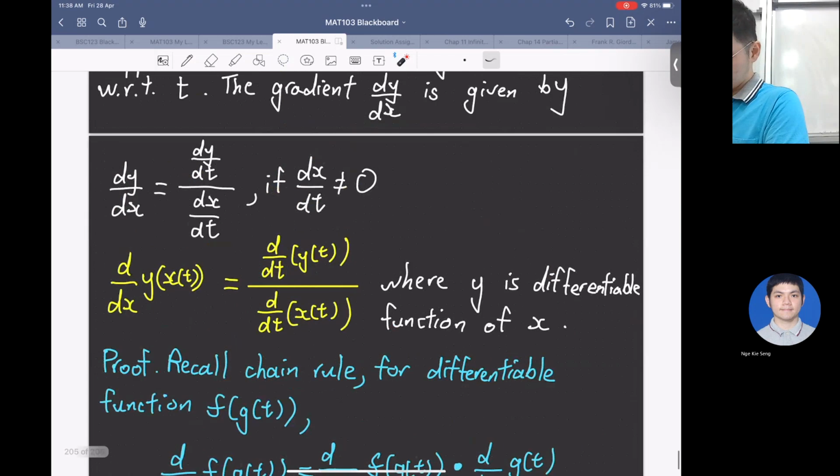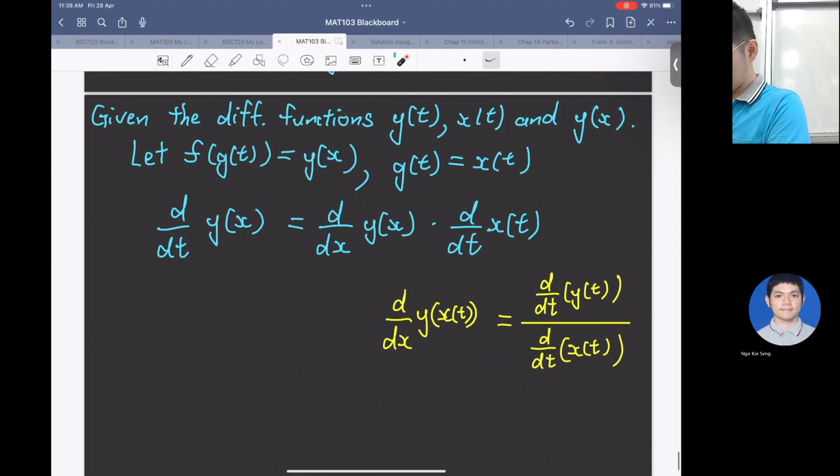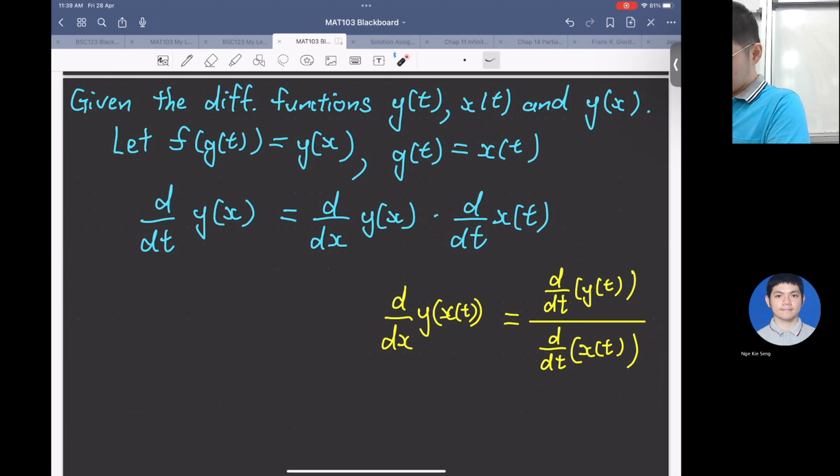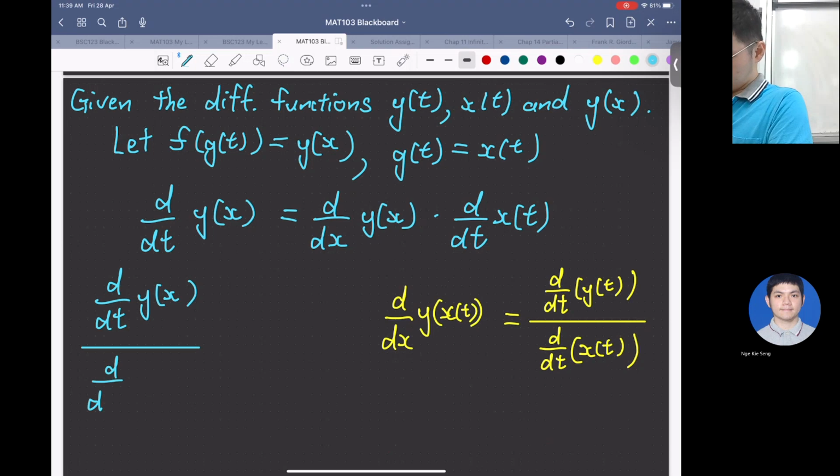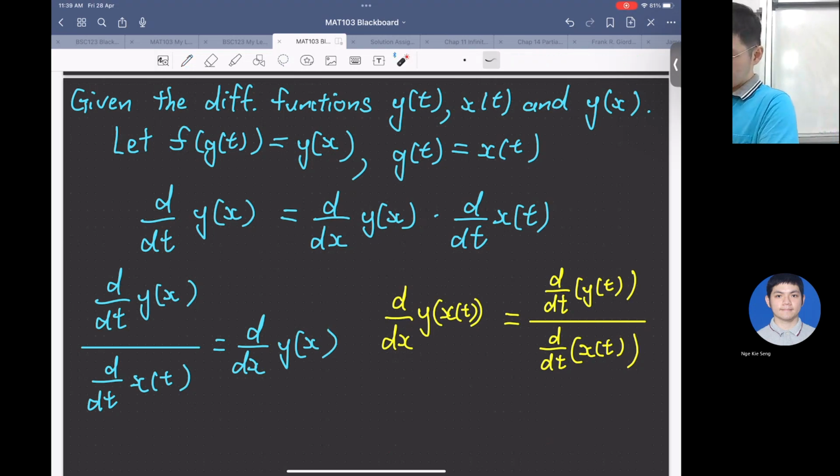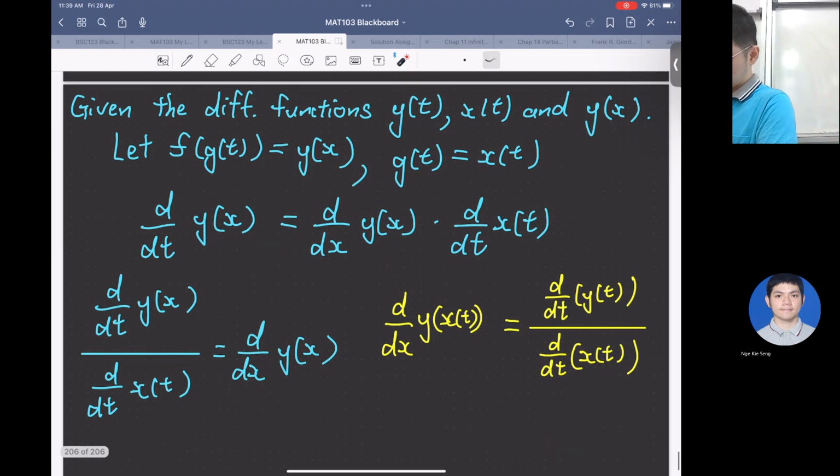So we need to differentiate across. Let's see what the difference is between these two. Can you spot the difference?